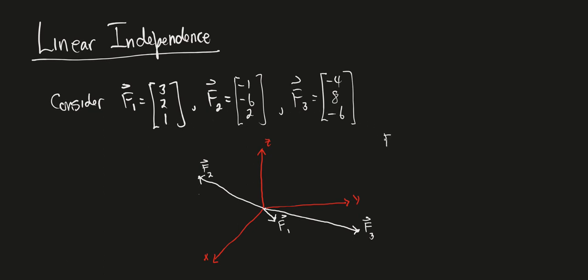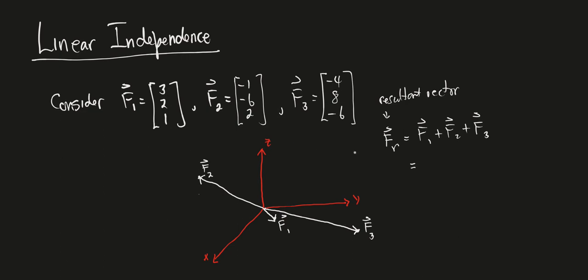So if I use F sub r to represent the resultant vector, well, that would be F1 plus F2 plus F3. And many times, in terms of physical systems, you want the resultant vector to be 0, right? So we would like this vector to be equal to 0. Well, let's see if that's the case for these three vectors.